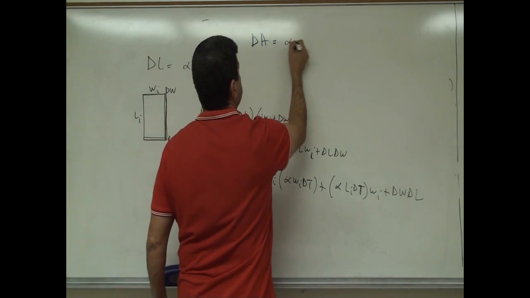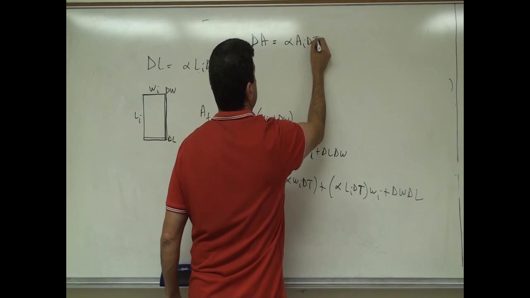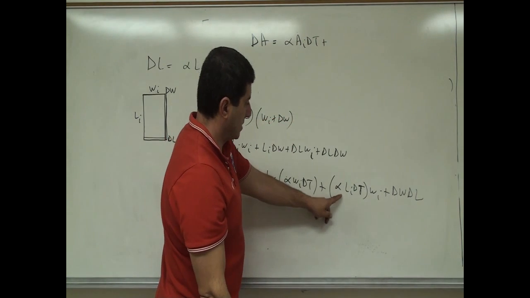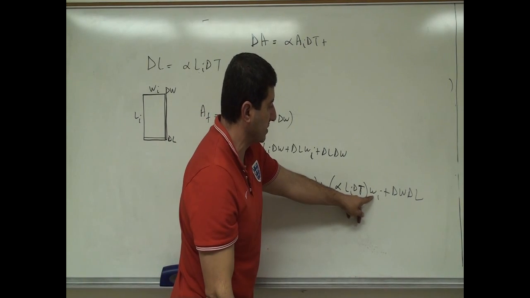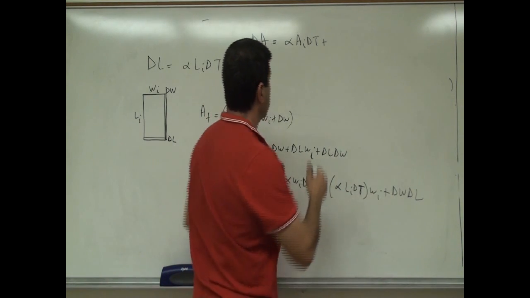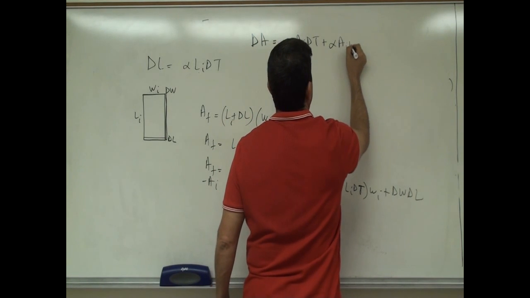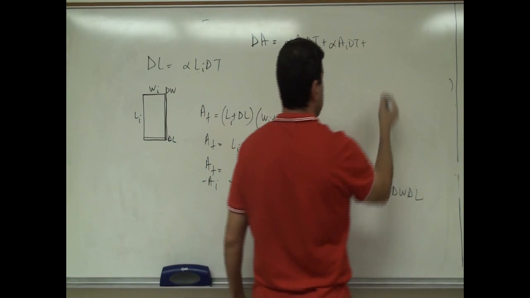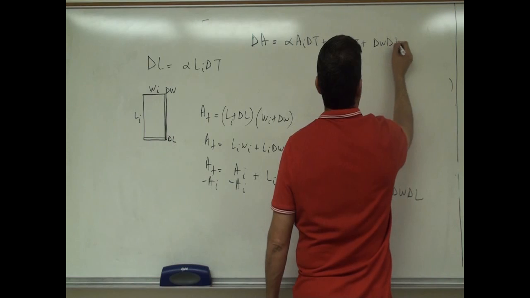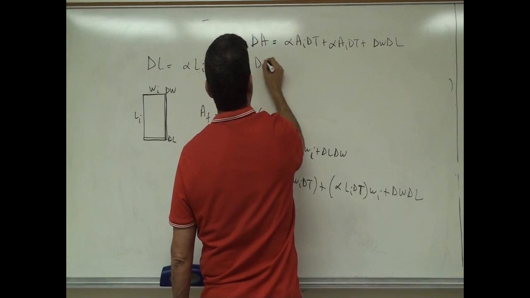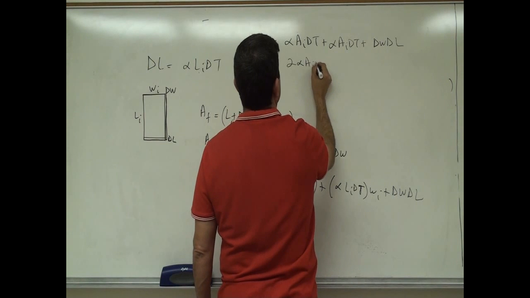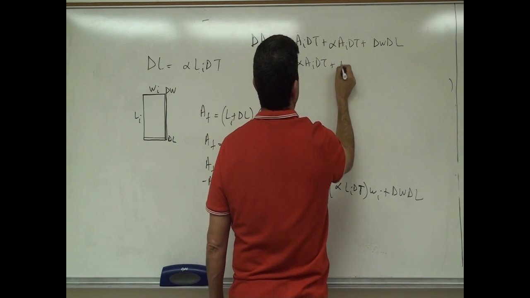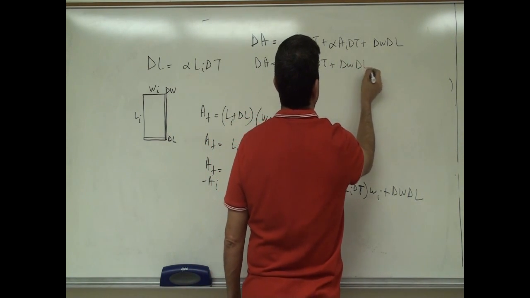So you have here alpha A initial delta T plus another one of these, L initial, W initial, so you again get the initial area, alpha A initial delta T, plus delta W delta L. Then we can add these two: delta A is equal to 2 alpha A initial delta T plus delta W delta L.